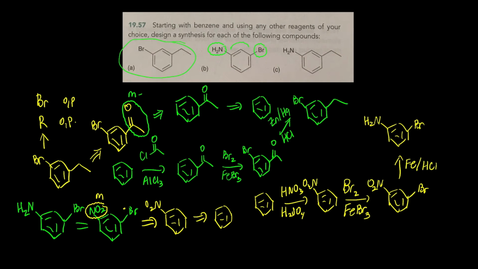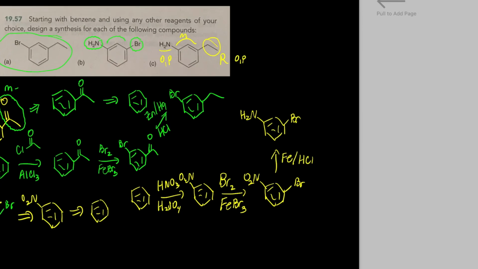Okay. In part C, this is a little bit more challenging because this right here is an ortho-para-director, and this is an R group, so it's ortho-para-directing. And so what you have here is a situation where neither of these is a meta-director, and you see these two substituents are meta. Now, you have a choice to make.